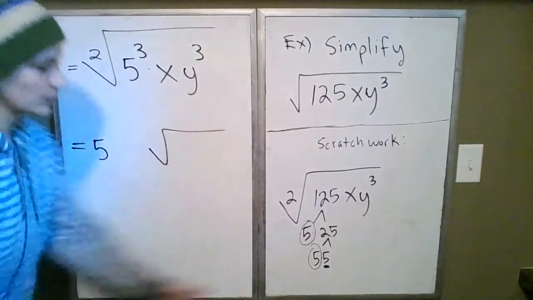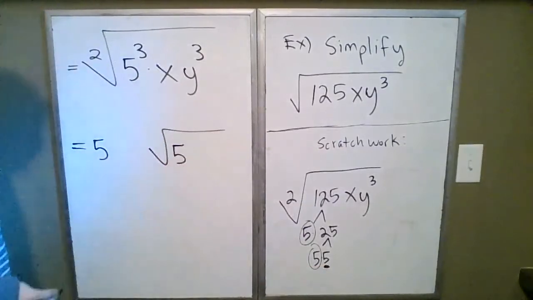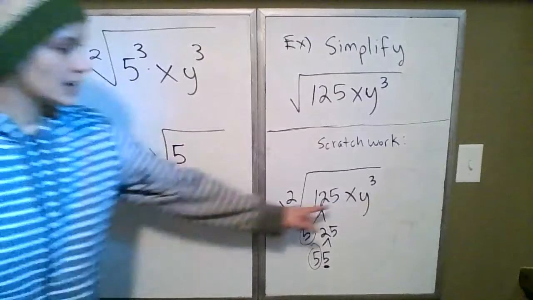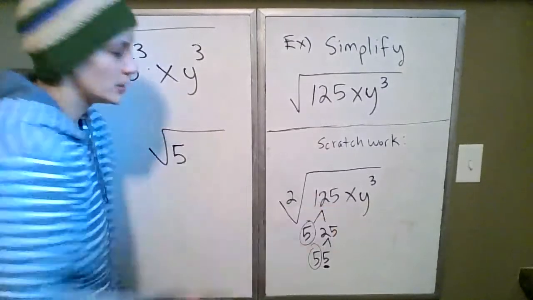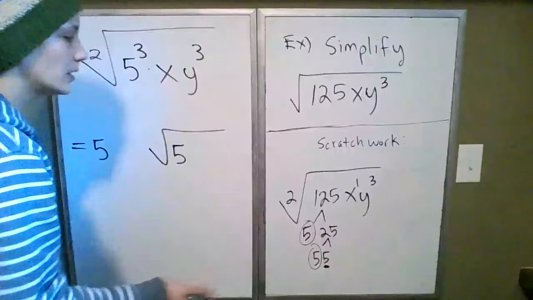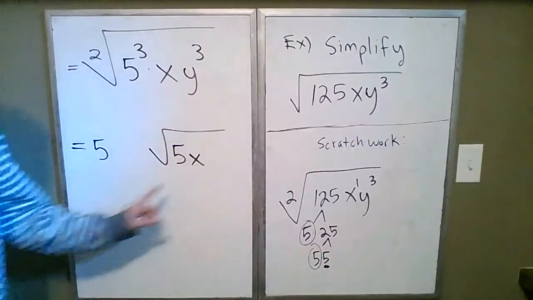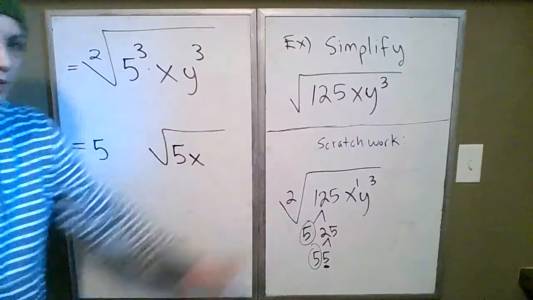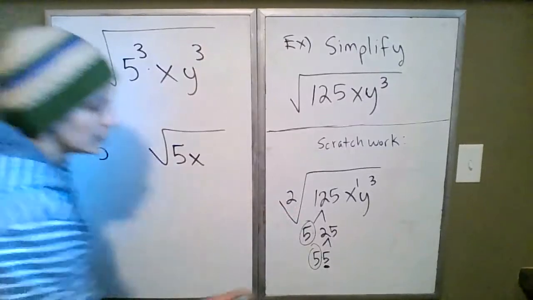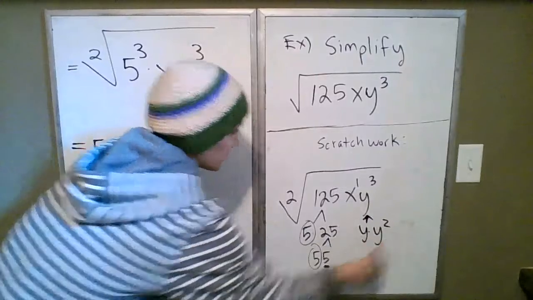Under the square root, we need to keep that 5. X has a power of 1, which is strictly less than the root, so that part's going to just stay under here. Y cubed, you could look at as y times y squared.